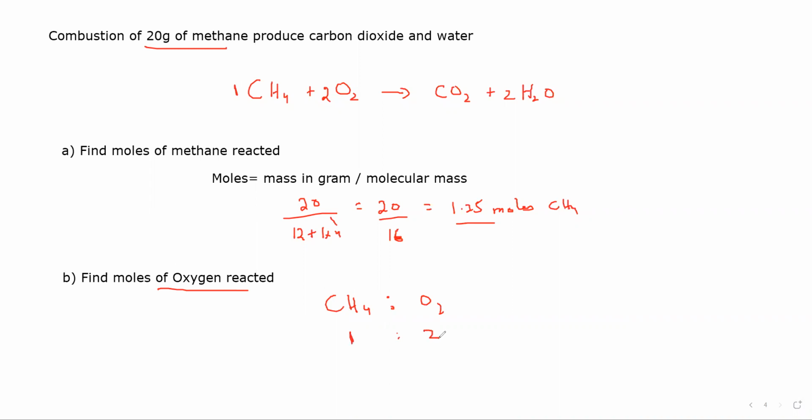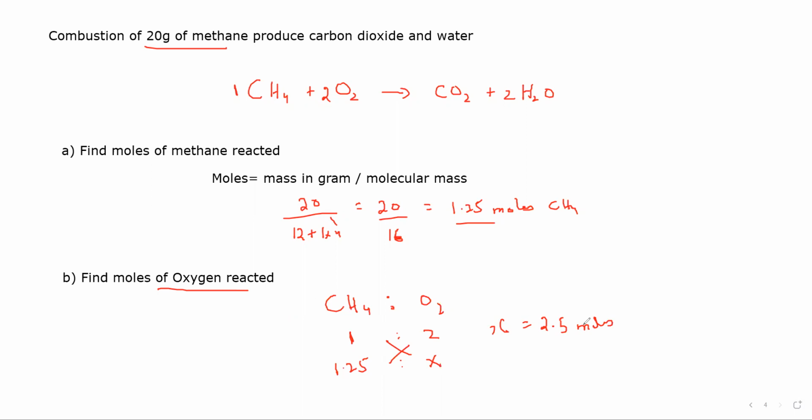It needs 2 oxygen. So in the question we have 1.25 methane. How much oxygen will there be? X. Cross multiply: 1.25 multiplied by 2 equals 2.5 moles. Is it clear?